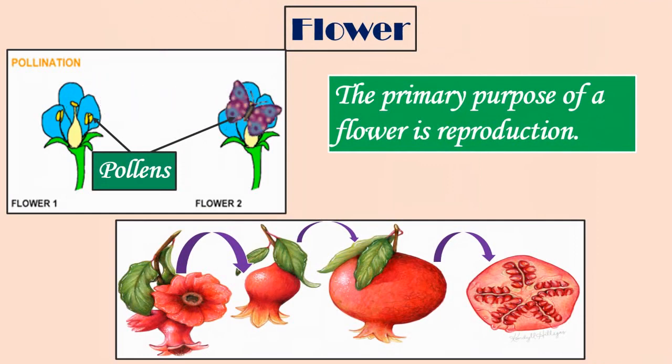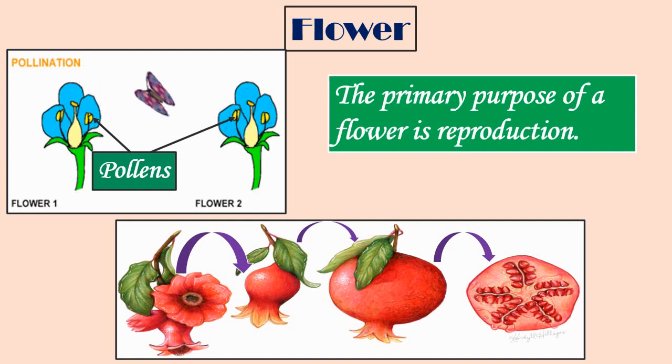Flower is the most attractive part of a plant. A flower has a typical shape, color and fragrance to attract the insects for pollination. Pollination is the process in which pollen gets transferred from one flower to another of the same species by means of wind, insects or birds.